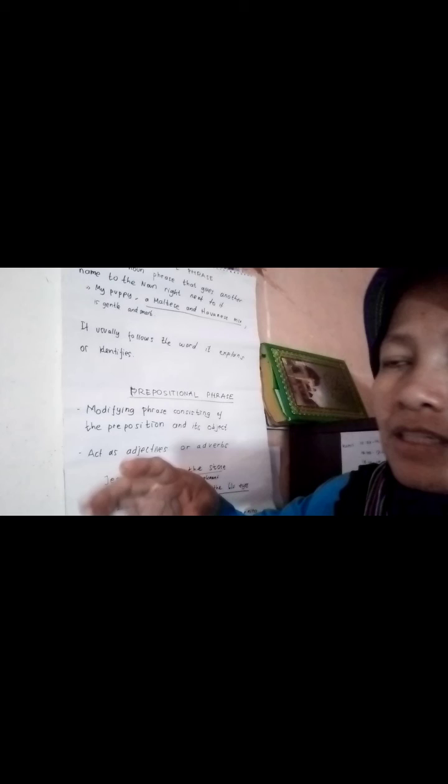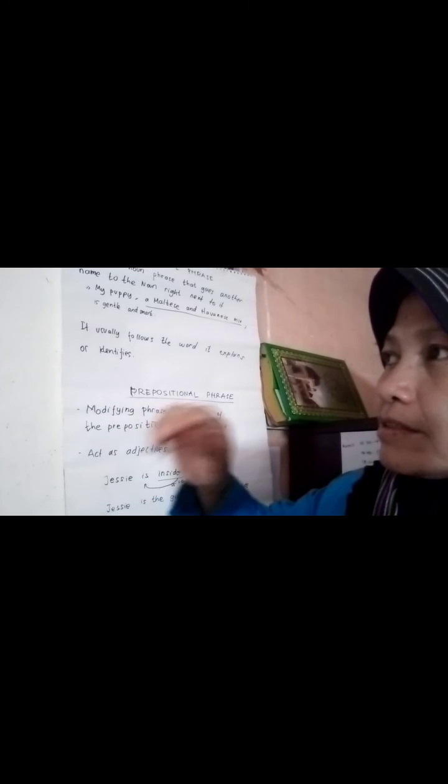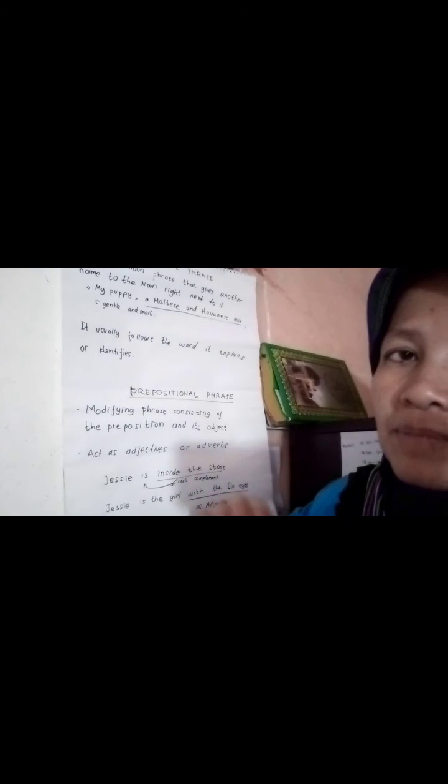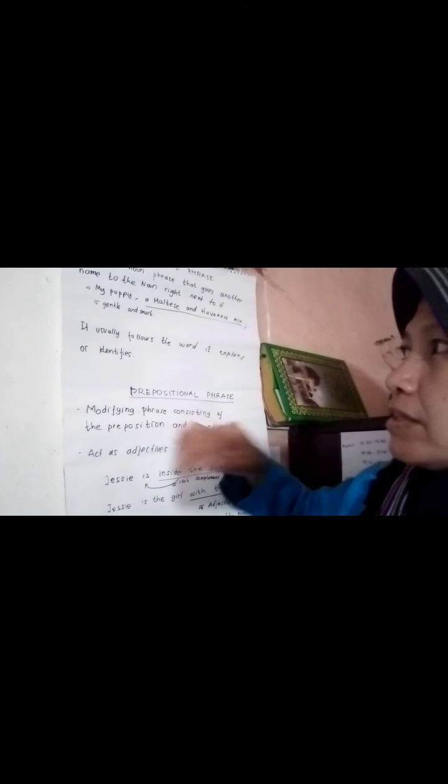This "a Maltese and Havanese mix" shows the breed of the dog, the certain species of dog it is mixed from. It usually follows the word it explains or identifies.